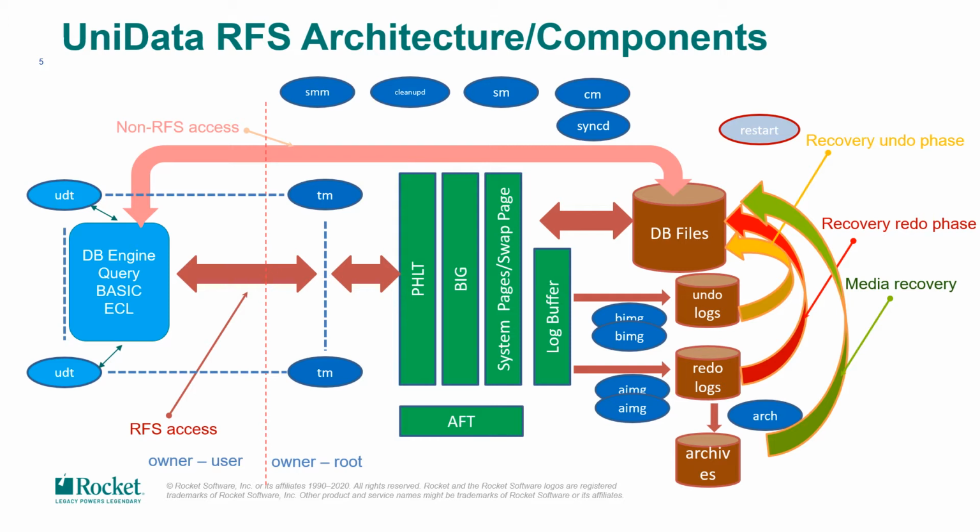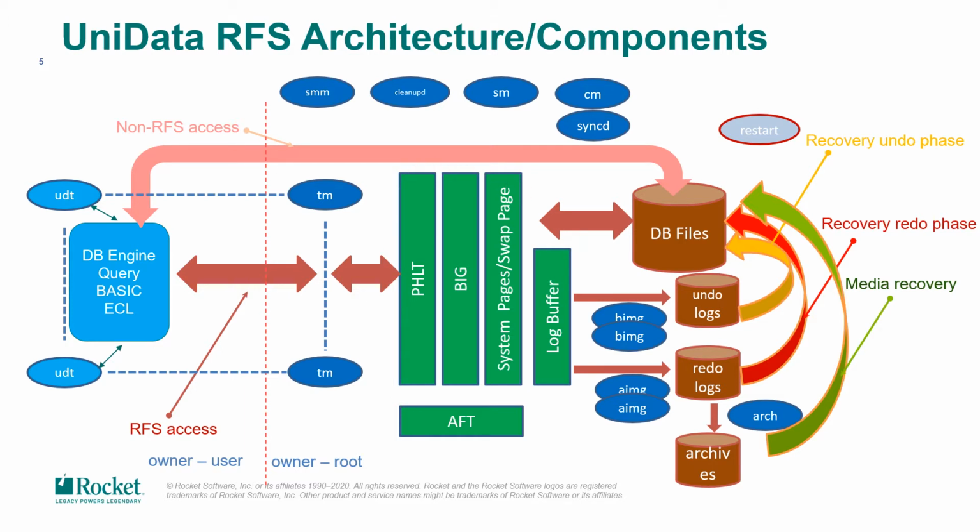For recoverable file access, it has to go through the system buffer. Each UDT process has a companion process called the transaction manager process. The transaction manager processes are directly connected with the system buffer.